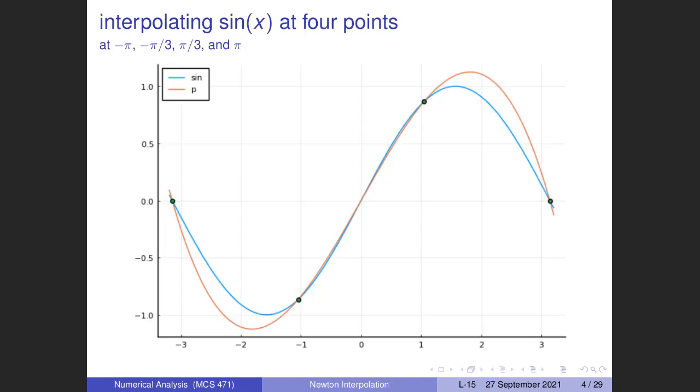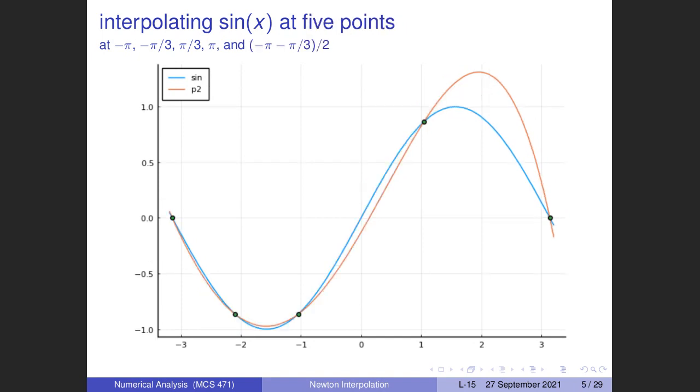Here is an example. It's again the sine function of last lecture, but now I picked 4 equidistant points. You see that towards the middle, between minus pi over 3 and pi over 3, the red polynomial approximates the blue sine function quite accurately. But we have two bulges at the left and at the right. So what we want to do is add one more point to the left.